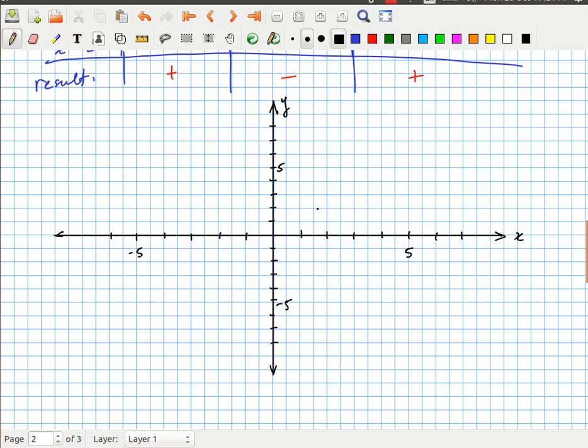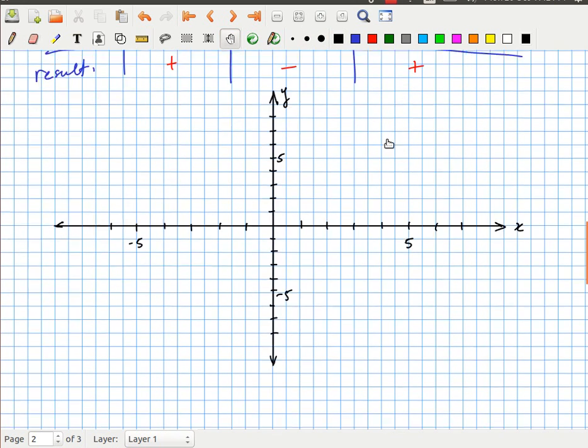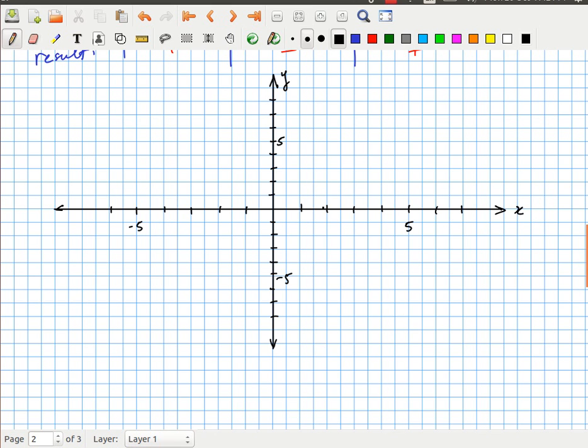And where do we have something significant taking place? We have a 0 at x equals 3, and we have a vertical asymptote at x equals 2. So at x equals 3, we have a 0, which I can mark. At x equals 2, actually, let's change the color for that. At x equals 3, and then at x equals 2, I have a vertical asymptote.